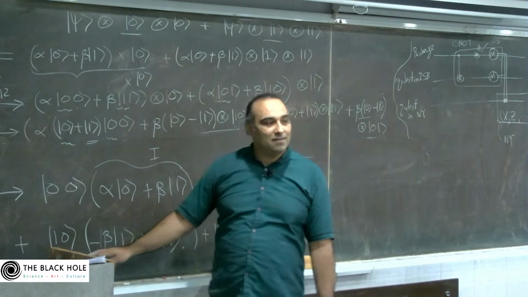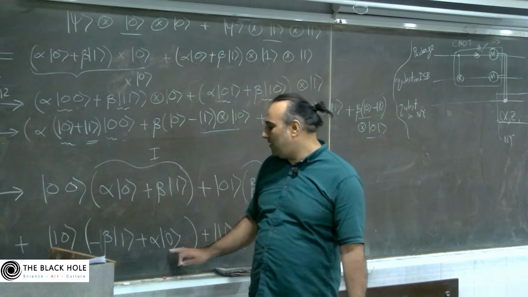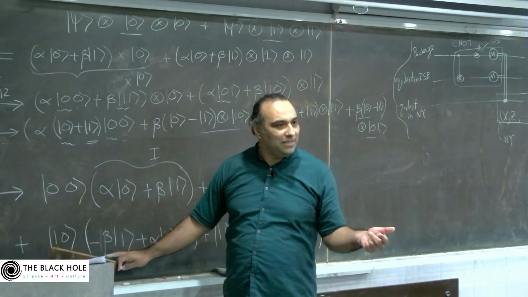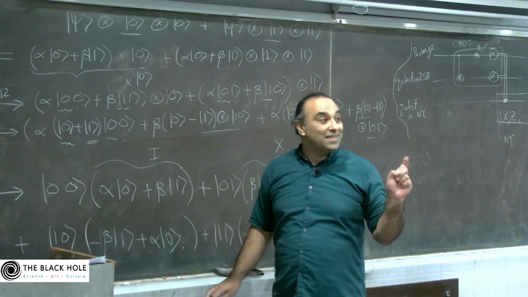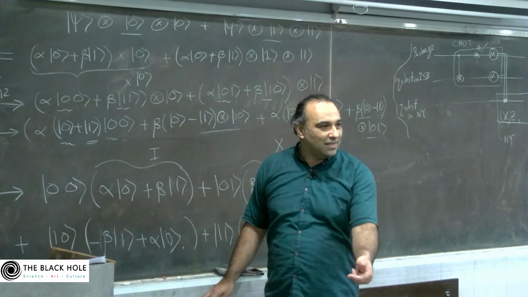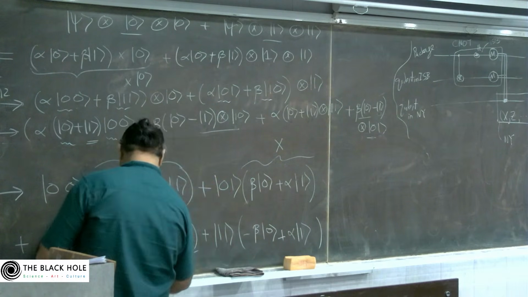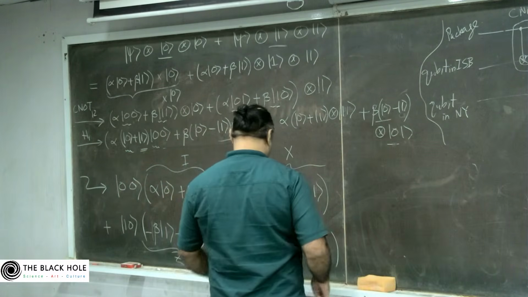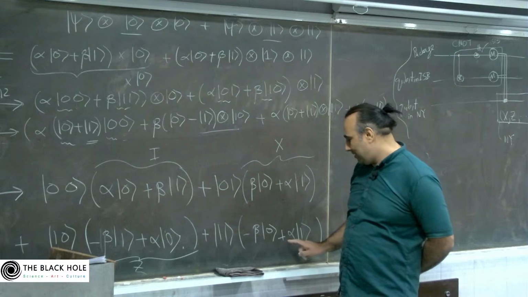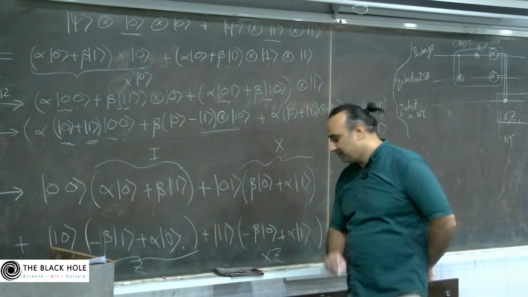This X will make this state alpha 0 plus beta 1, the original state. And if this office measures and they get 1 0, then this is alpha 0, instead of plus beta 1, this has minus beta 1. So now they need to perform Z, because Z can flip the sign of the second. So if they get this one, they need to perform Z. And if this office gets this, then they need to perform Z and X. So basically XZ or ZX.